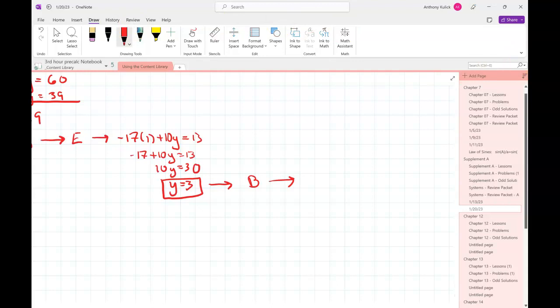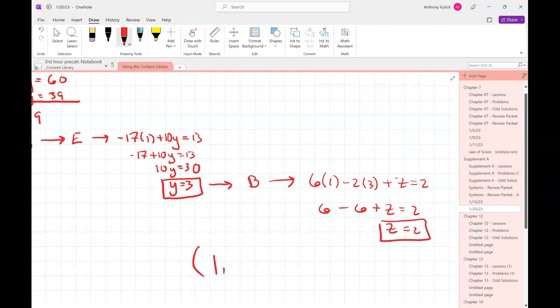Scroll back so I can see where I was at. So my XYZ then is 1, 3, 2.